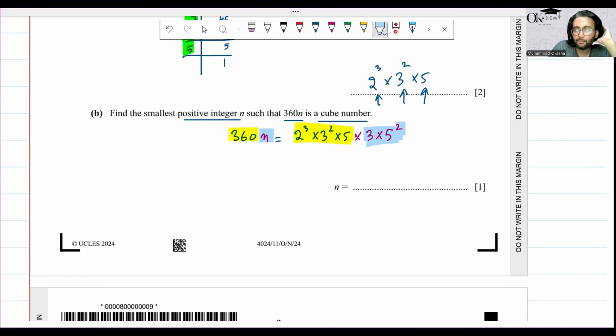If I multiply these factors by this number, this 3 would make a perfect triplet, and this 5 squared coupled with this 5 would make a perfect triplet. So all of them will be in triplets, and that's how it will be a perfect cube.